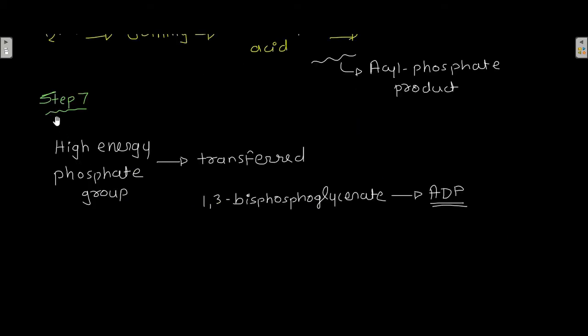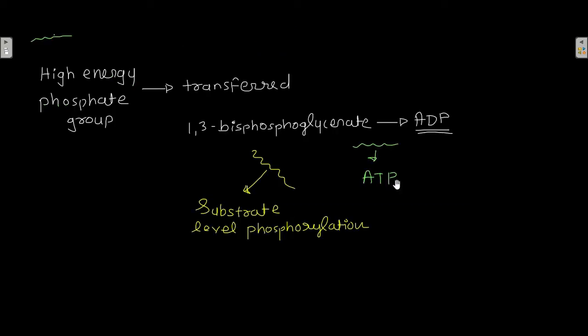Now in the 7th step, the high energy phosphate group is transferred from 1,3-bisphosphoglycerate to ADP. Because of this, there is formation of ATP, and this is referred to as substrate level phosphorylation.